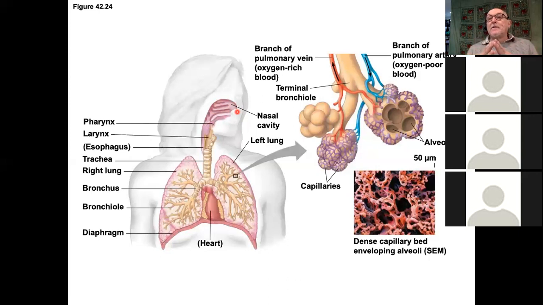Second, for moistening it, for humidifying it. Thirdly, for filtering it. And a lot of immune function is dedicated to the nasal cavity because we can take in so many pathogens through the air. So we'll refer to this again when we talk about immunity.